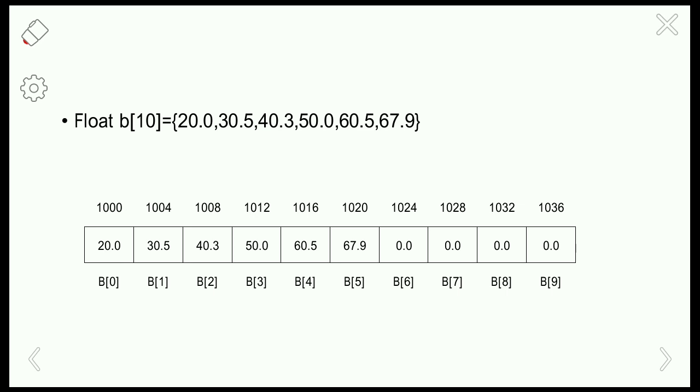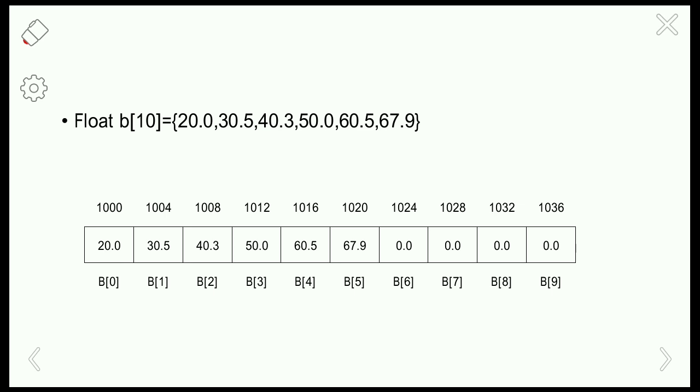So the above statement declares an array B to store 10 real values and initializes the values as given in the array. While initializing the array B, we have specified only 6 values, and the other values will be treated as 0.0 automatically.